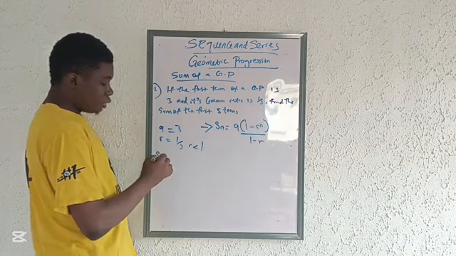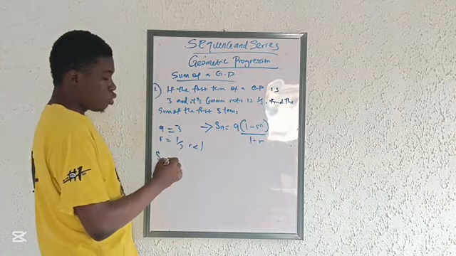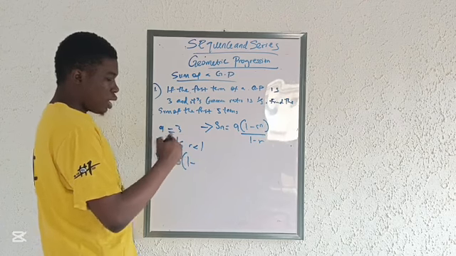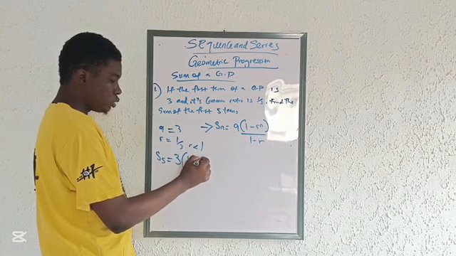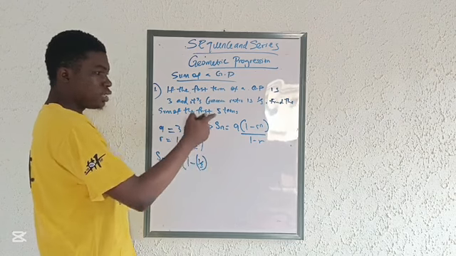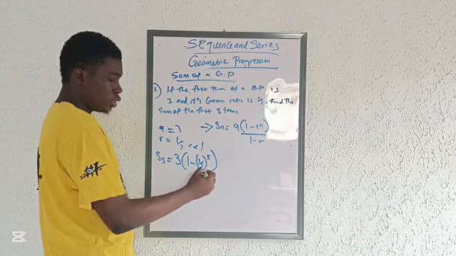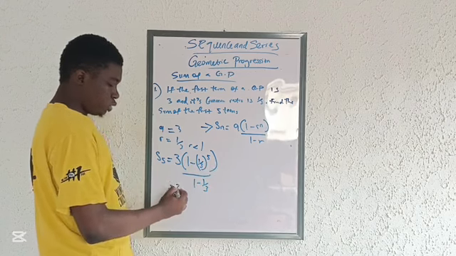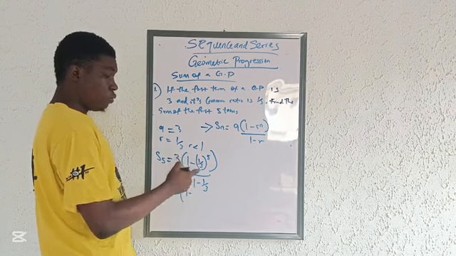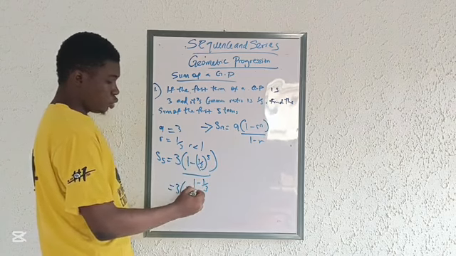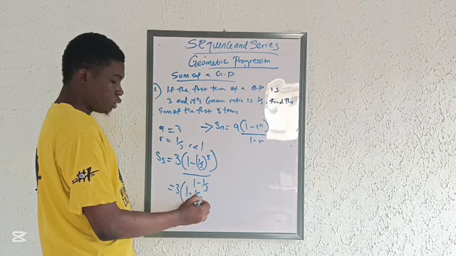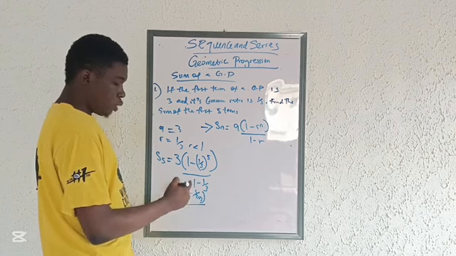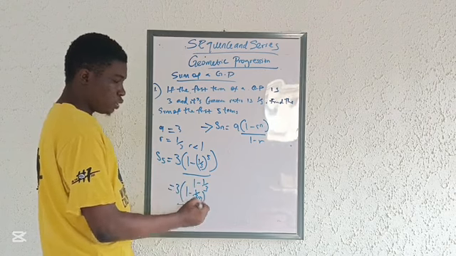So our S5, the sum of the first 5 terms, will be 3 open bracket 1 minus r, which is 1 over 3, to the power n, which is 5, over 1 minus 1 over 3. 1 over 3 raised to the power 5 gives us 1 over 243, and 1 minus 1 over 3 gives us 2 over 3.